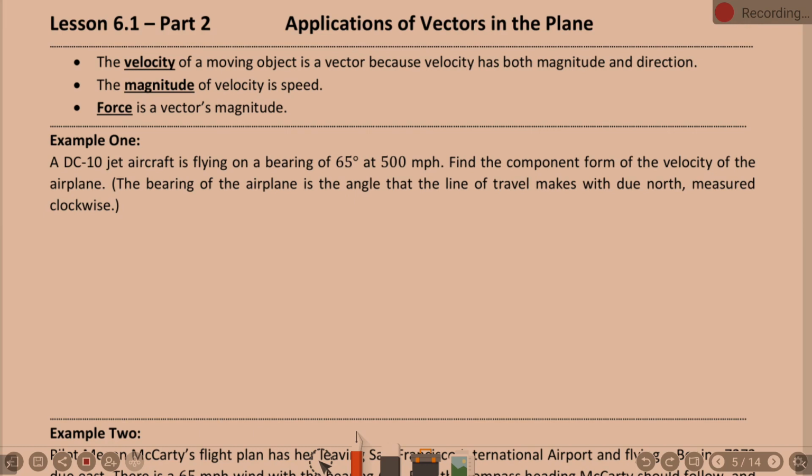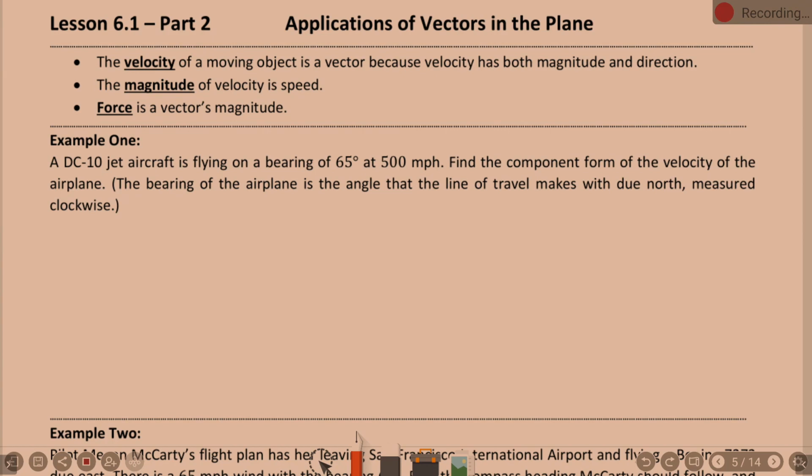A little bit of vocabulary: the velocity of a moving object is a vector because velocity has both magnitude and direction. So you got that. Velocity is a vector, right?